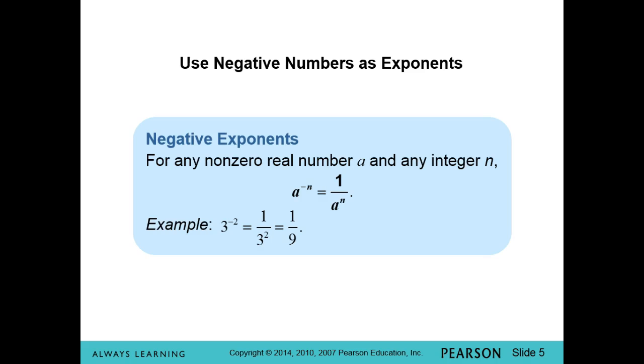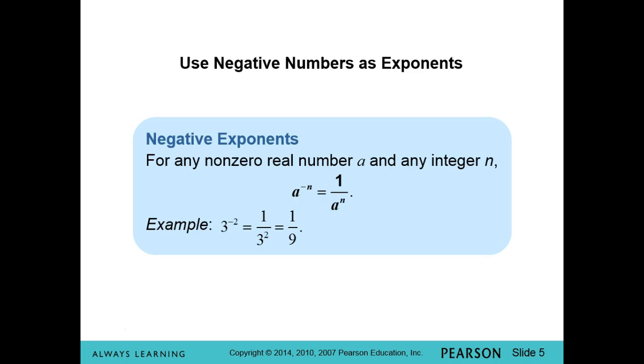So that would make it a positive. Okay, this number is positive. There's no sign in front of it. So that hasn't changed. What the minus sign does in the exponent is move it downstairs and then make it positive. That'd be 1 over 3 squared. So you move it downstairs, lose the minus sign. Now, if there was a minus sign out here, you don't lose that minus sign.